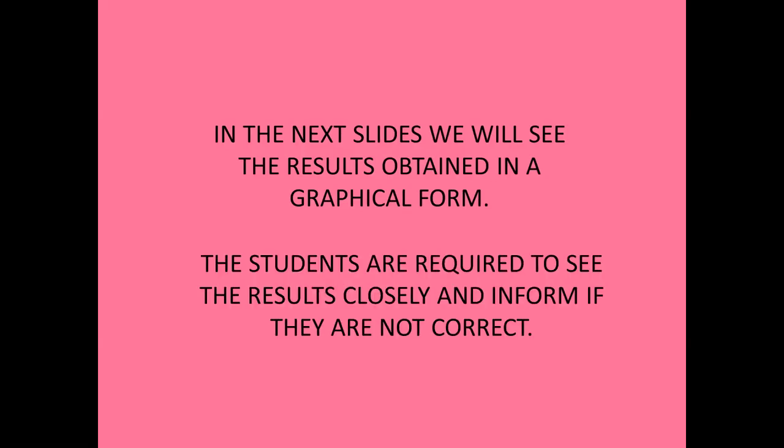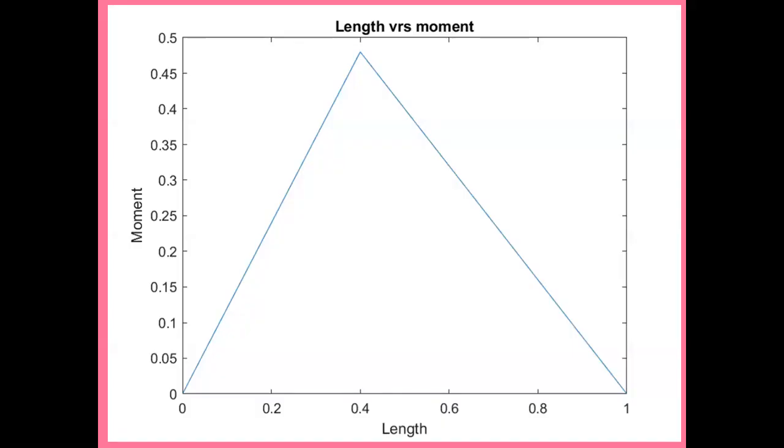Now the students are required to see the results closely. They are supposed to interpret the results in a logical manner, and they are requested to inform if any discrepancy occurs. Now this is one of the graphs. It has length on the x-axis and moment on the y-axis.